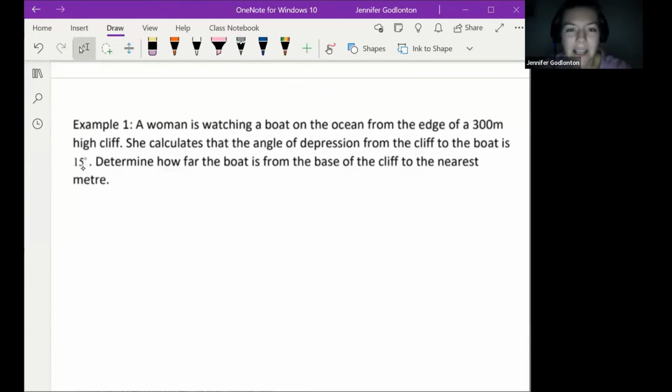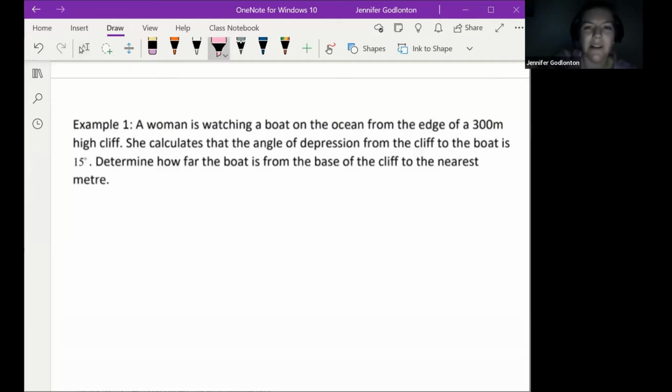A woman is watching a boat on the ocean from the edge of a 300-meter high cliff. She calculates that the angle of depression from the cliff to the boat is 15 degrees. Determine how far the boat is from the base of the cliff to the nearest meter.